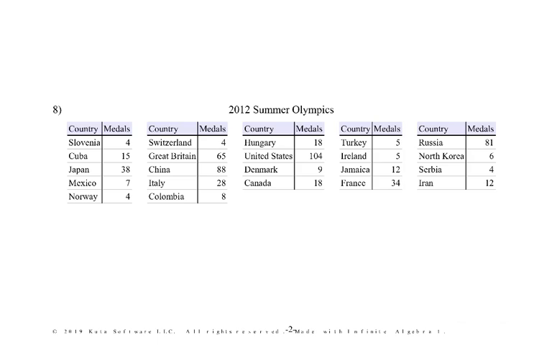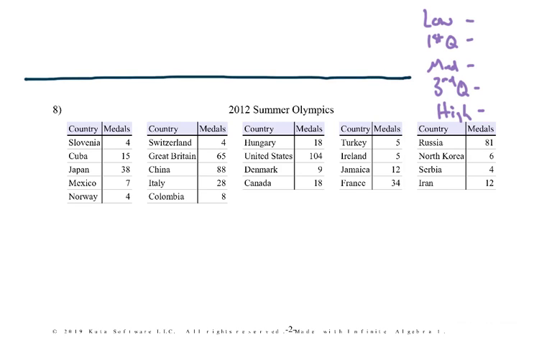So we need to find our 5-number summary. The 5-number summary is the lowest, the first quartile, the median, third quartile, and the highest. So that's what we're looking for. And then we make a number line to use to draw it.